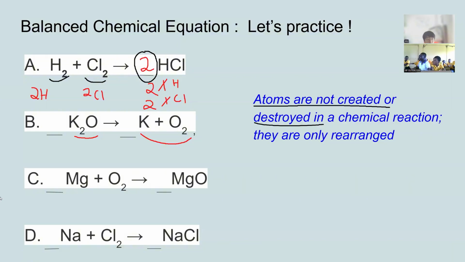One of the ways that we can do this is by adding a 2 on the left to match the 2 oxygen on the right. That's why we added a 2. So 2 oxygens are okay. But then we added 2 K2. So it'll be 4K on the left, but only 1K on the right. So we have to multiply this by 4.